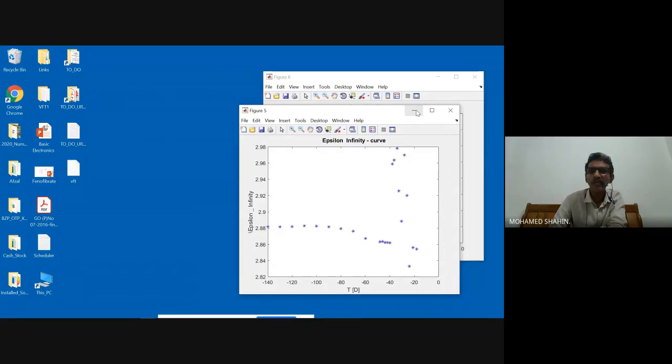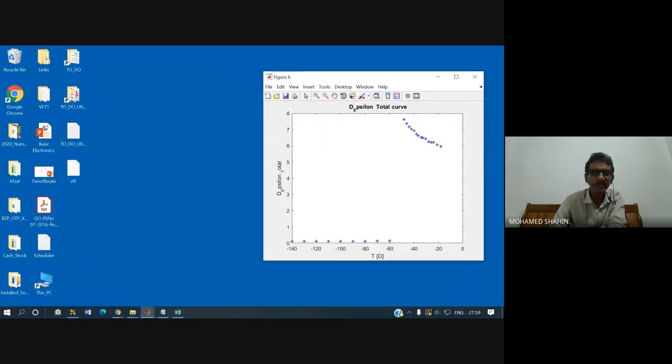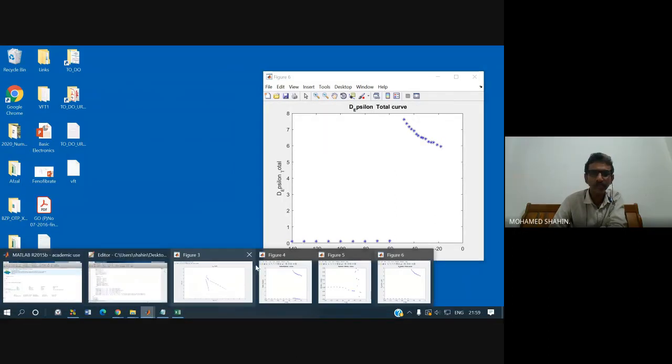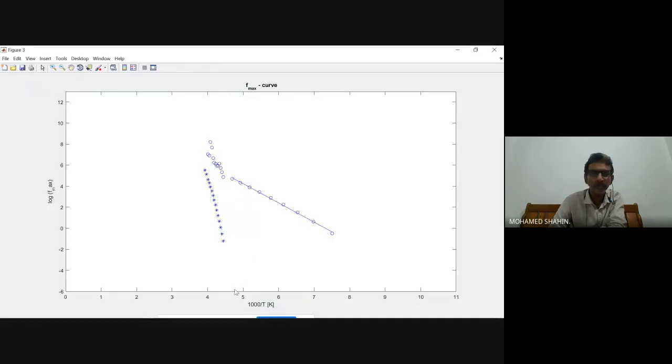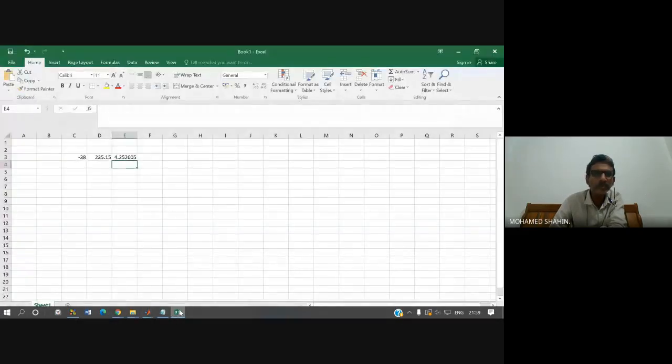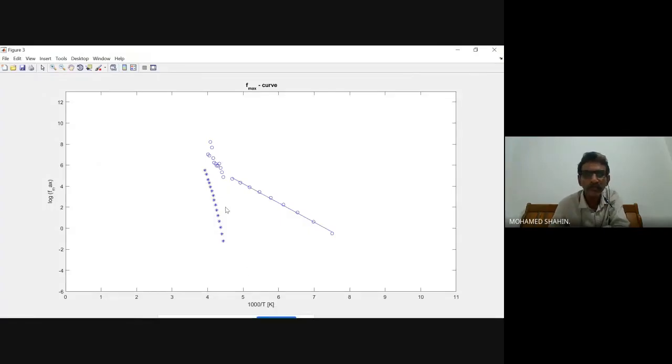Now go to the third figure, that is the Arrhenius diagram. So 4.25, you can see that it is something related with this.